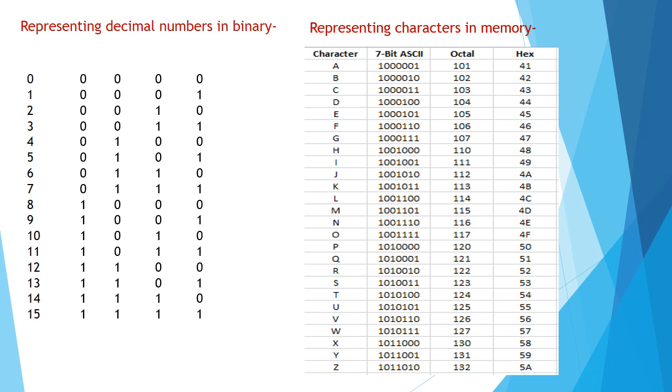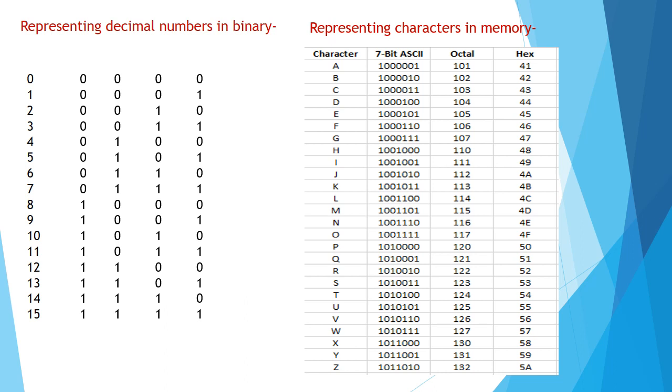Suppose you are given the character A. The 7-bit ASCII code will be 1000001, the octal code for A is 101, and the hexadecimal code for character A is 41.